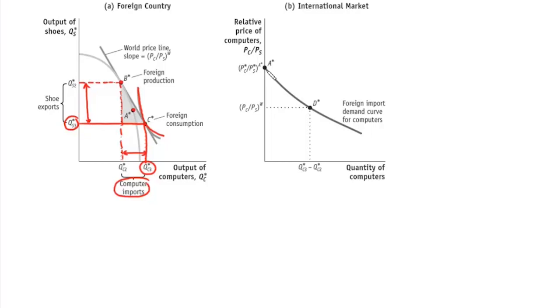If the price of computers is the same as the price at the equivalent point A star, there will be no import. And if the world price is less than the price at A star, then we'll have equilibrium at this point B, where the foreign country is going to import the quantity QC3 star minus QC2 star. If we join all such points, we'll get the foreign import demand curve for computers.